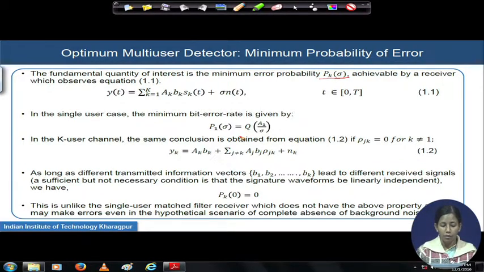This expression is very well known to all of us, because we always deal with this situation for a conventional receiver where the multi-user concept is off.